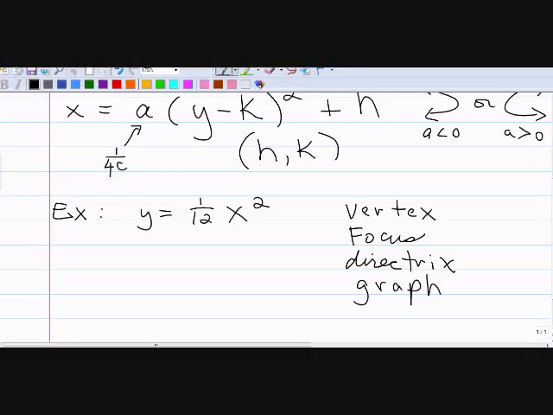Okay, so far I know what the vertex is. Do you know what the vertex is? What's h and k? 0 and 0. So this one has a vertex at the origin. So let me start my sketch. Put my vertex in. This is y equals a positive number times x squared. So this is my parabola that goes up.